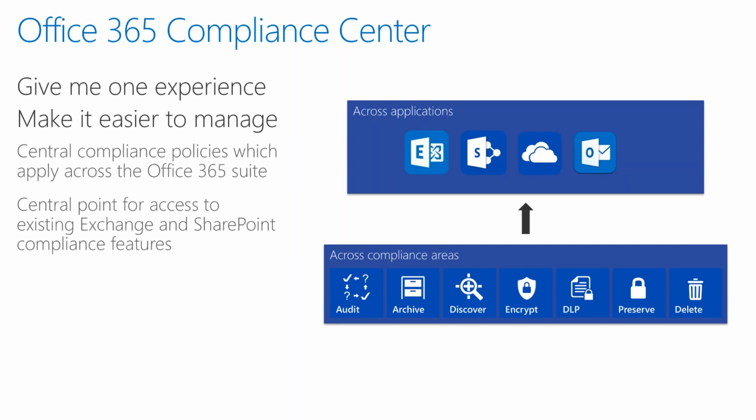So specifically around data loss prevention in the Compliance Center, you can see in the screenshot where you have the ability to create a new DLP policy, and then you can either apply it to all sites in SharePoint Online and OneDrive or specific sites that need the governance capabilities. Once you make that selection, you can then choose from a variety of templates or define a custom policy rule and try it out.